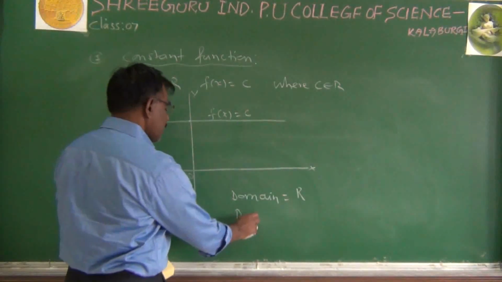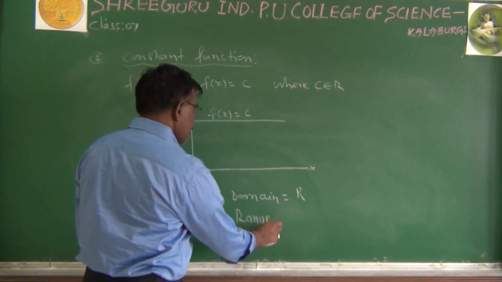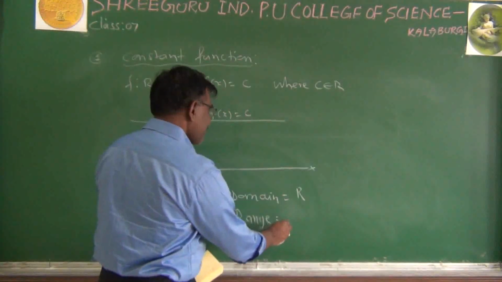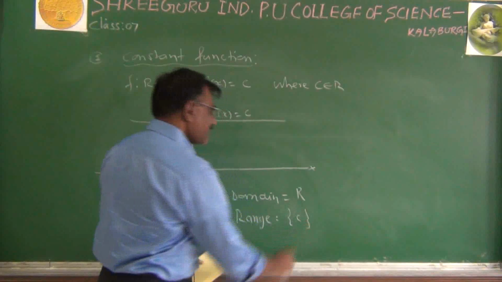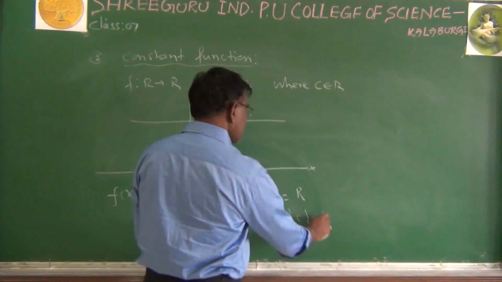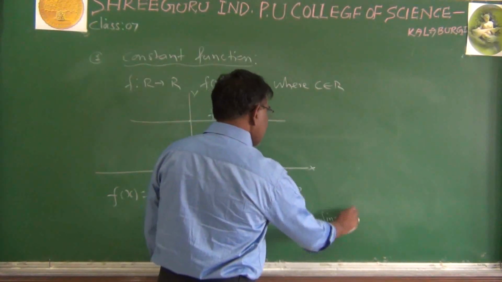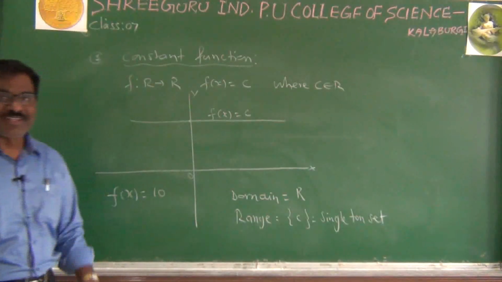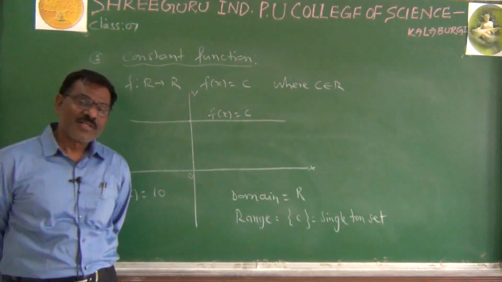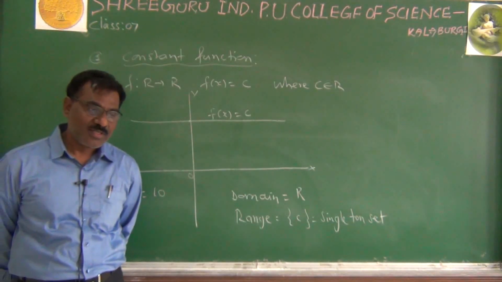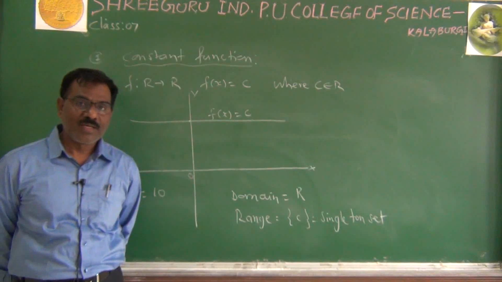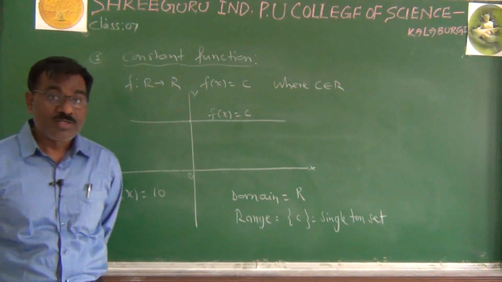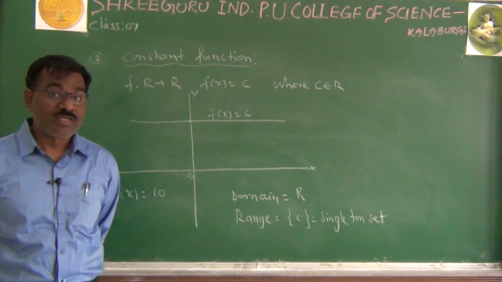Can you tell me what the range is? The range is equal to c. This is nothing but a singleton set. Very important: sometimes a question in CET or JEE Main gives a function f of x that is a constant function and asks you to write the range.